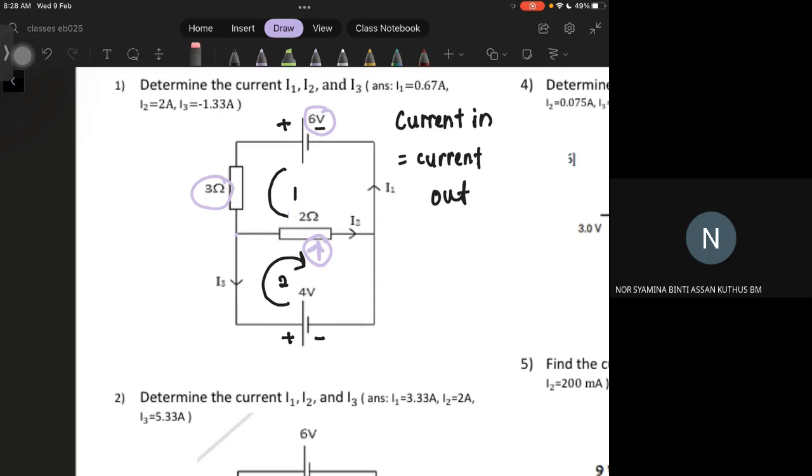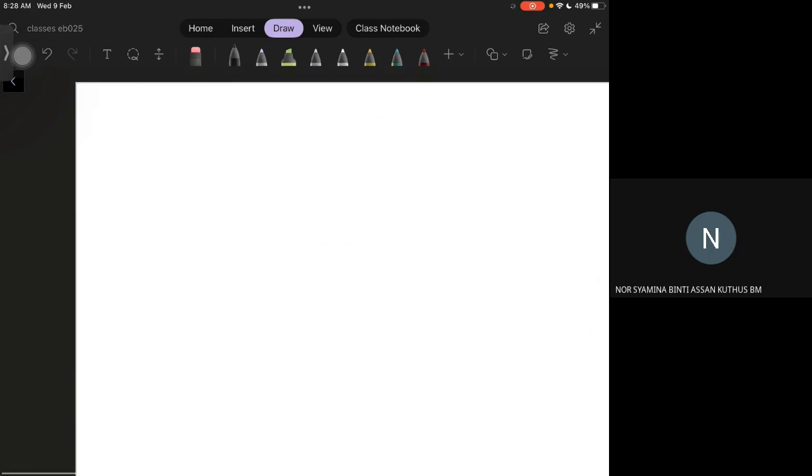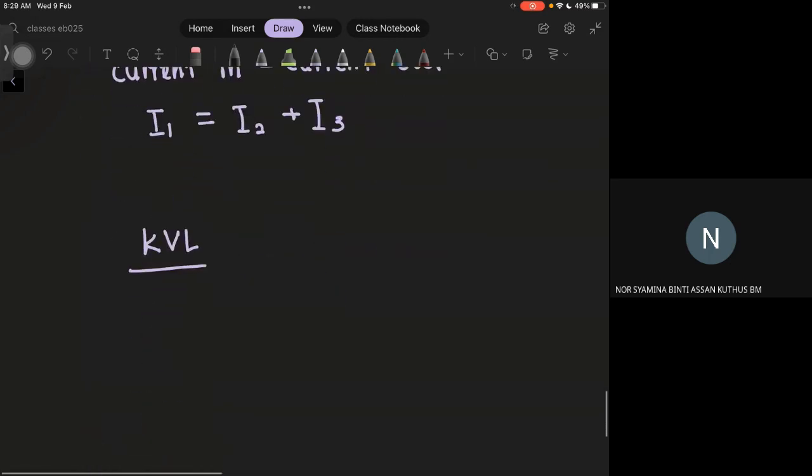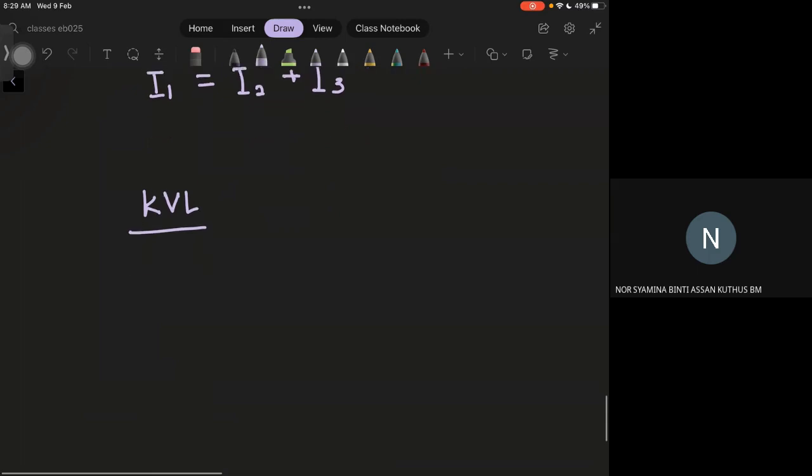Okay, kita cuba calculation dia. Okay. Alright, so loop 1. So by using KVL, loop 1 dekat sini.